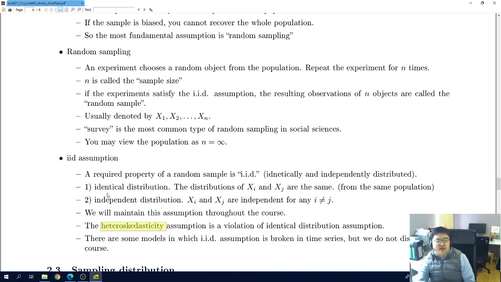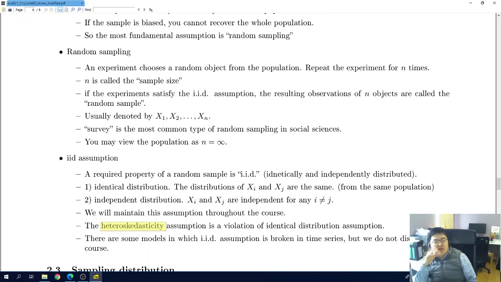Even if I'm going to assume IID throughout the course, there are examples where the IID assumption is broken. For example, time series data. Today's GDP is correlated with yesterday's GDP. So if you observe, say, GDP from the past 50 years, then all the observations are correlated to each other.